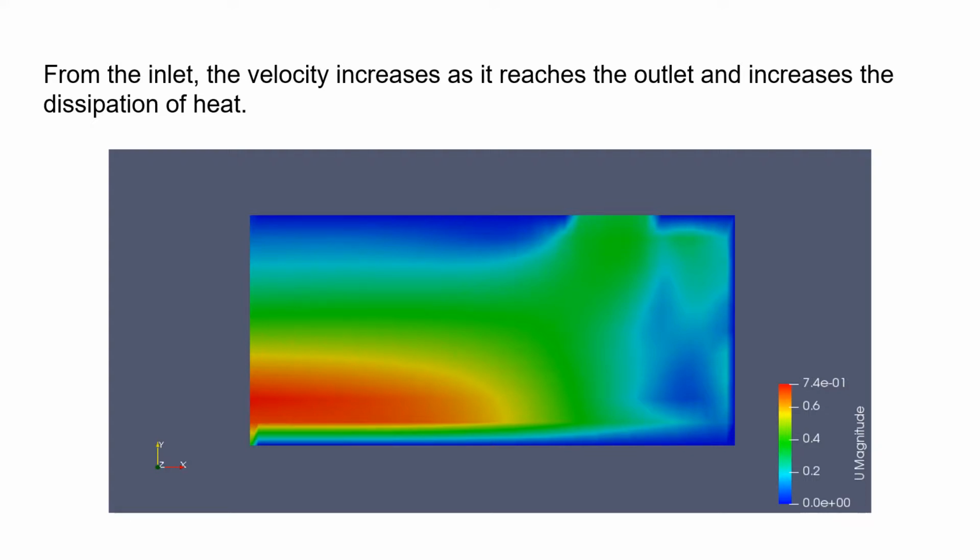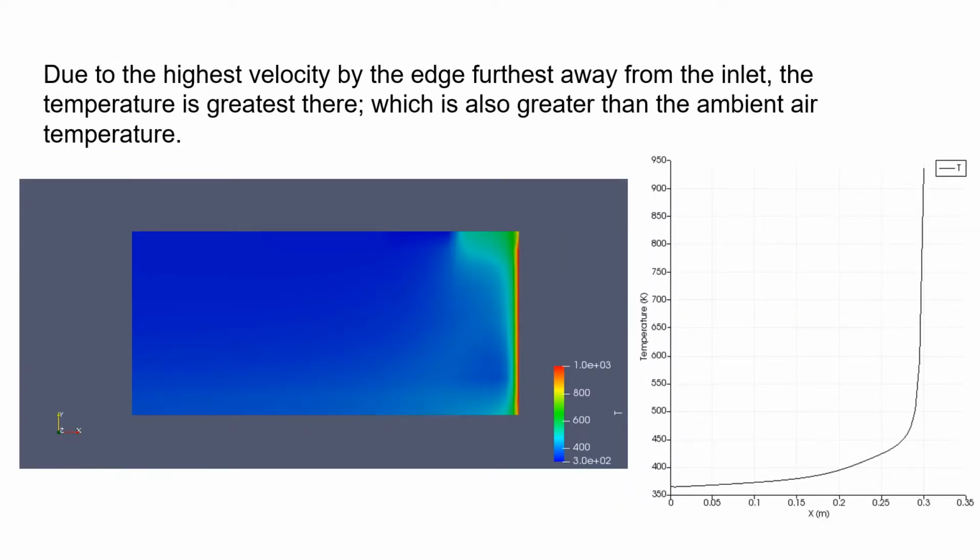As we move further down towards the outlet, which is on your left, the velocity actually does increase, as it gets farther away from the inlet. We see the greatest velocity, which is 0.74 meters per second, down towards the bottom. This corresponds to the temperature.